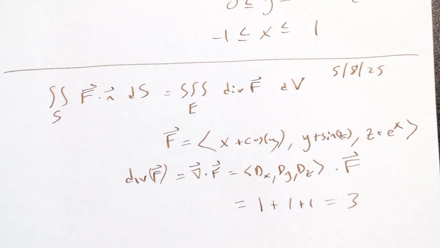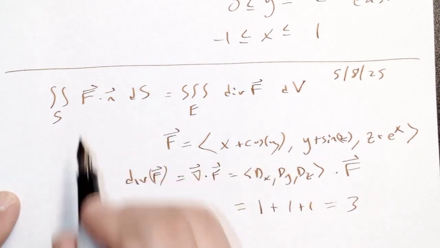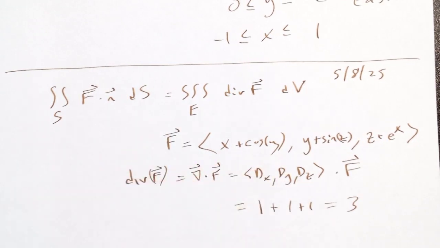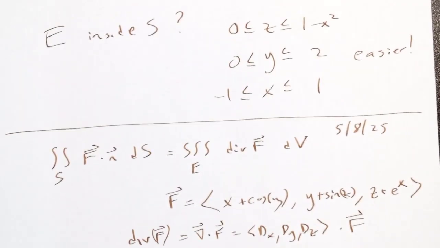So I'm now going to do this triple integral to compute my surface integral. Instead of doing 4 surface integrals, I'll have to do 1 integral, and the integrand is 3. I'm integrating over this region. What order are we doing it in?